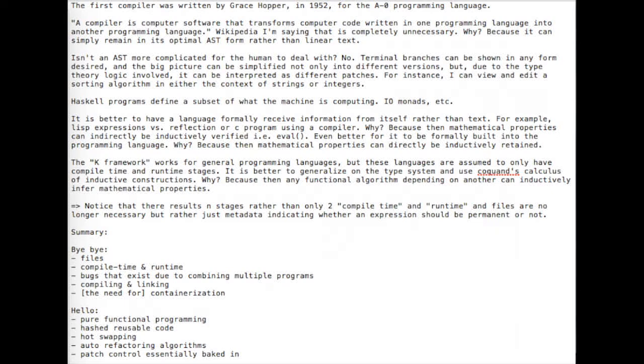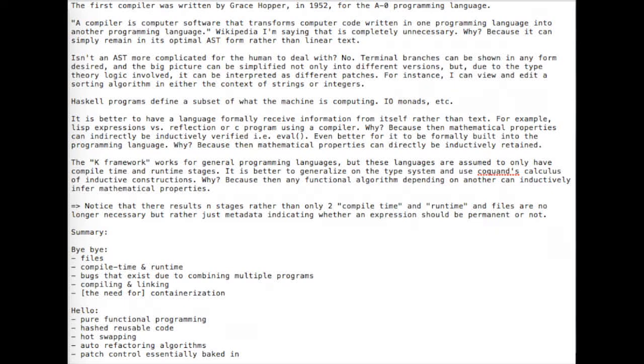But going on, here's a quote from Wikipedia. A compiler is computer software that transforms computer code written in one programming language into another programming language. Okay, so I'm saying that basically that is now currently unnecessary. Why?